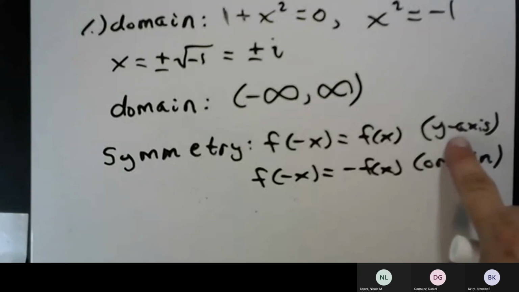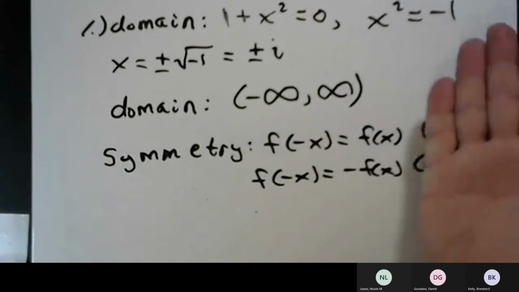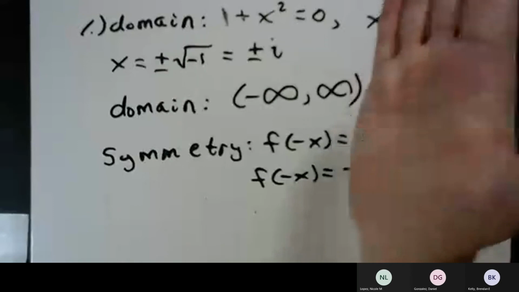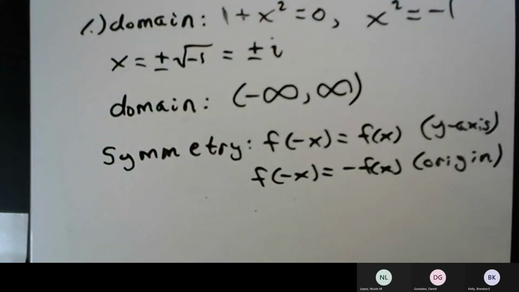So you know if it looks a certain way on one side of the y-axis, it needs to be a reflection of itself on the other side of the y-axis. And then a reflection across the origin.